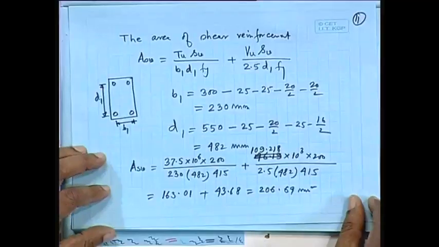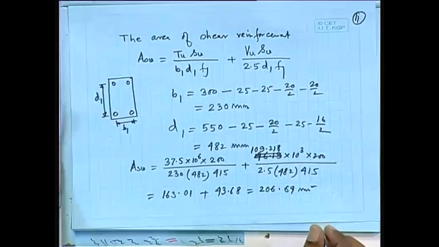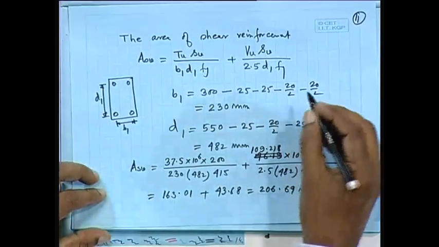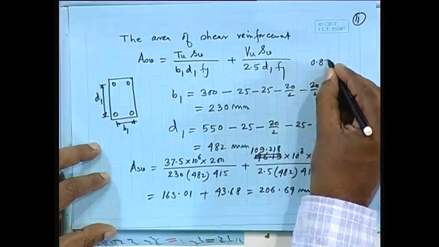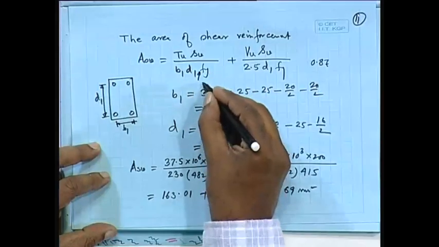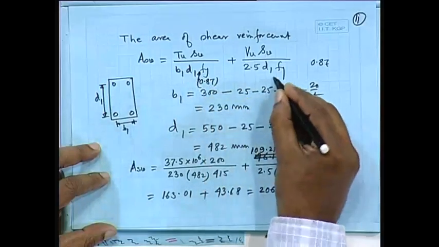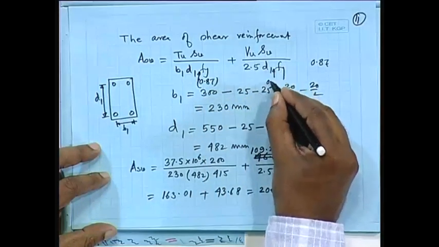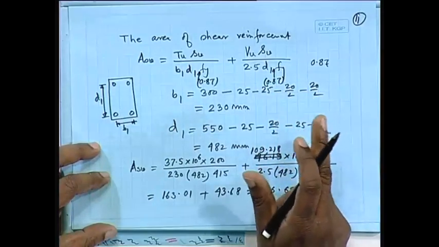Last class, we did the design due to torsion. By mistake we omitted that 0.87. In both cases it should be 0.87. Please take care of this 0.87, and here also there should be a multiplication by 0.87. We forgot to take it.